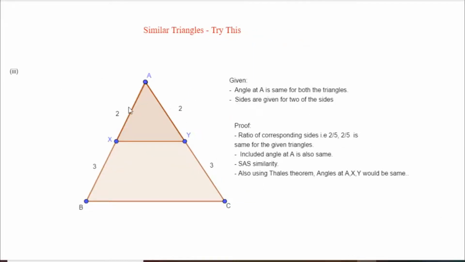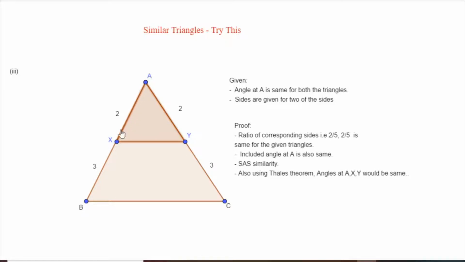Question number 3. Here, there are two triangles AXY and ABC, as if they are superimposed on top of the other. So angle A is same for both the triangles ABC and AXY, and side lengths are given for two of the sides.